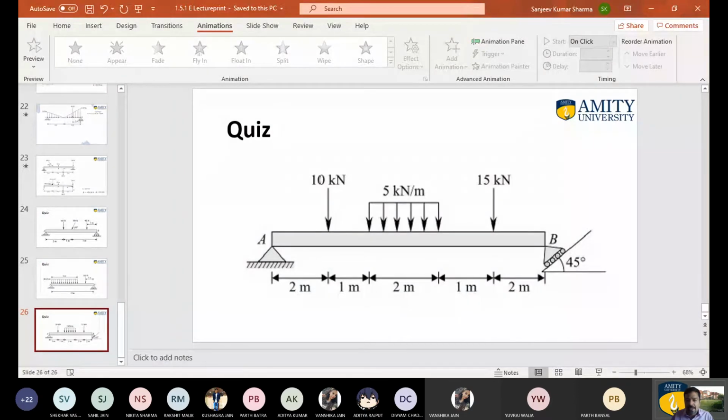If anyone is finding any difficulty, then you are required to ask me regarding this question. So this is a kind of quiz. It will give you an idea whether you are understanding the concept or not. So do it very quickly. You have 6 minutes more time.